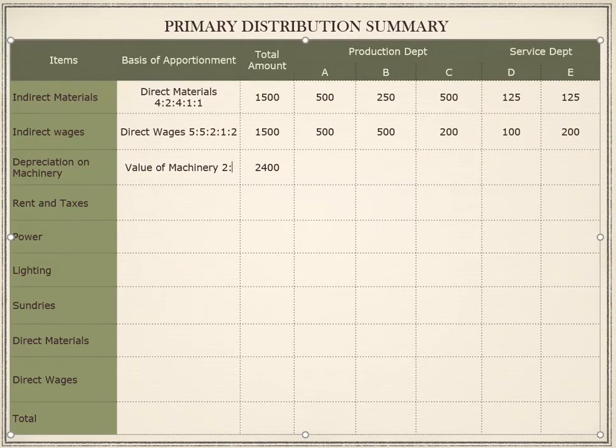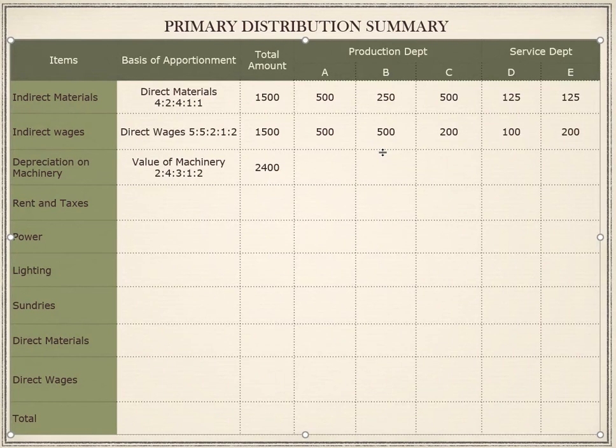The ratio is 2 is to 4 is to 3 is to 1 is to 2. So if we add, how much are we going to get? 2 plus 4 is 6, 6 plus 3 is 9, 9 plus 1, 10, 10 plus 2 is 12. 2400 divided by 12 is 200.